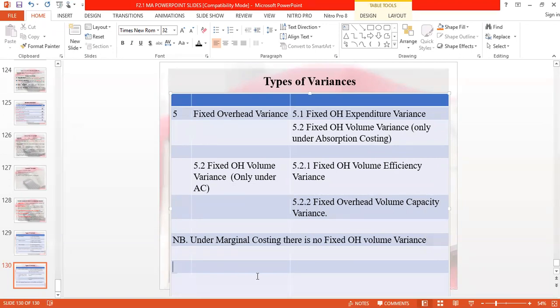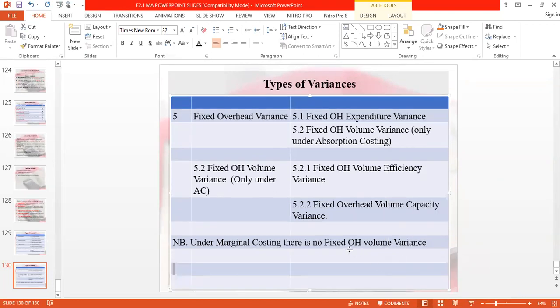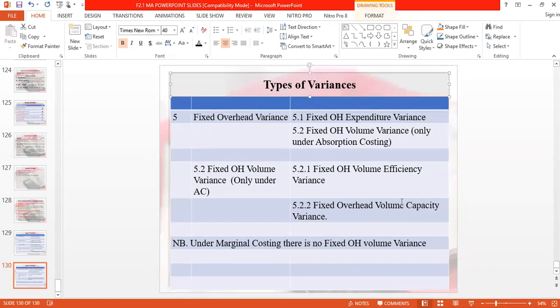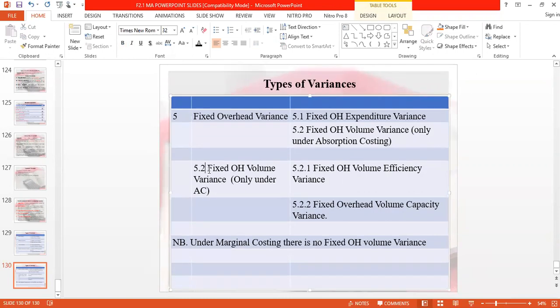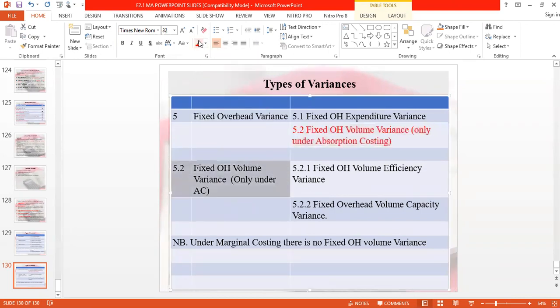So remember, this is 5.2. I'm putting it in red so that you know it is that variance there, 5.2. So those are the variances.